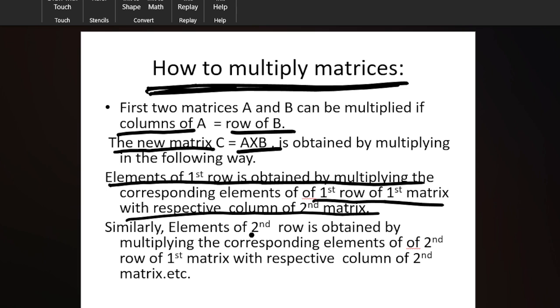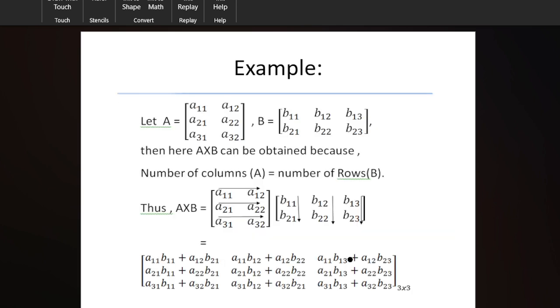Similarly, the second row is obtained by multiplying the elements of the second row of the first matrix with the respective columns of the second matrix. We multiply with the first column, the second column, and if given, the third column. Now let us see this with an example.